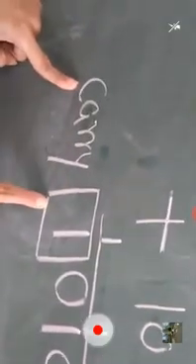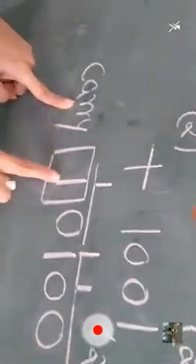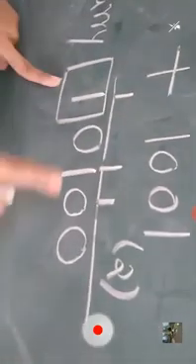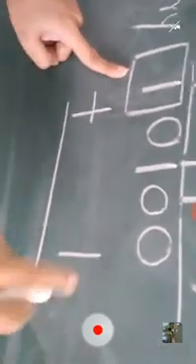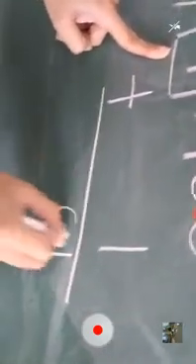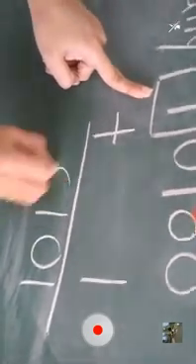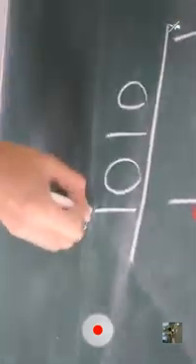If there is a carry, follow the steps given, that we have to add this carry to the LSB of the result obtained. So this is the result obtained, plus this one I have to add to the LSB of this number, and we get 0 1 0 1 base 2.